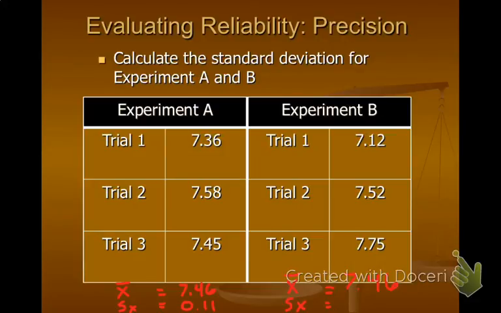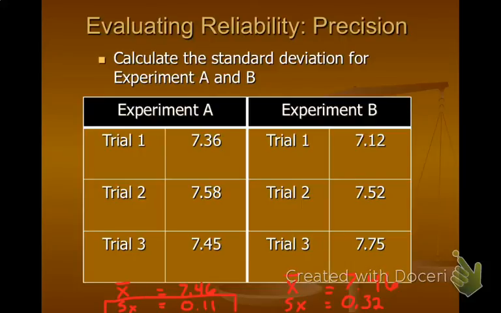Let's take a look. Yep, it's 0.32. So again, this is proving that experiment A is a lot tighter, the data is a lot closer together.